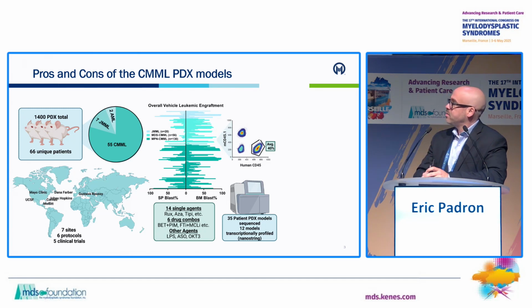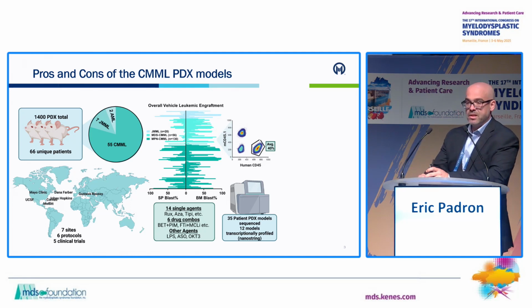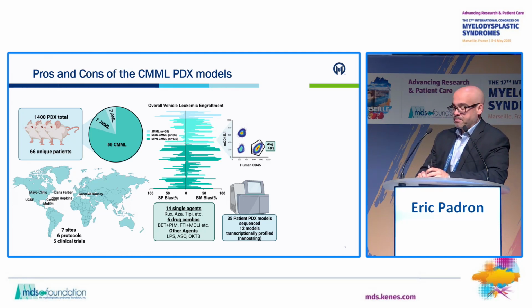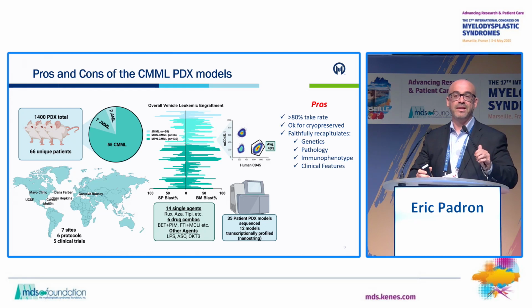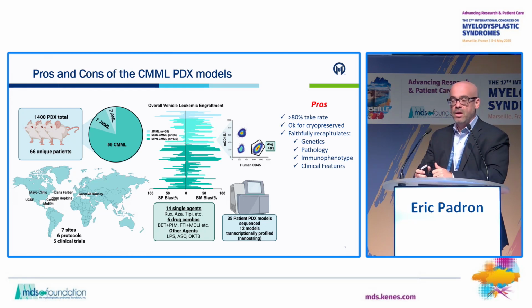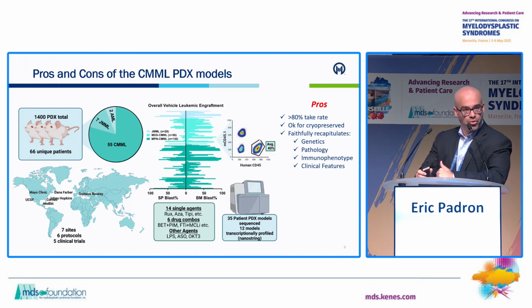We've generated approximately 1,400 PDX from approximately 66 patients from centers that have graciously sent samples, testing a variety of agents. And one of the things that is very advantageous, there are many limitations to studying CMML, but one of the big advantages relative to MDS is the extremely high take rate if you use NSGS mice that secrete human cytokines, human GM-CSF, IL-3, and stem cell factor.